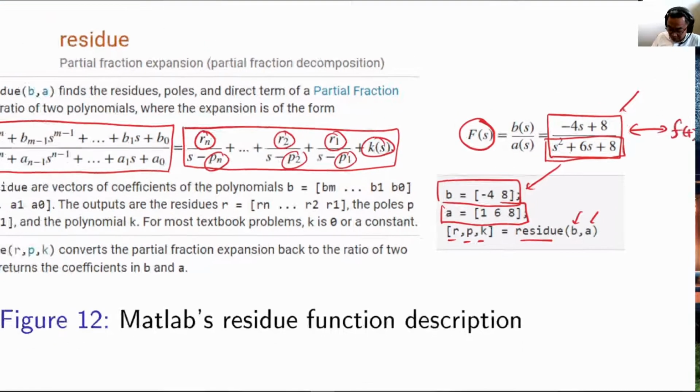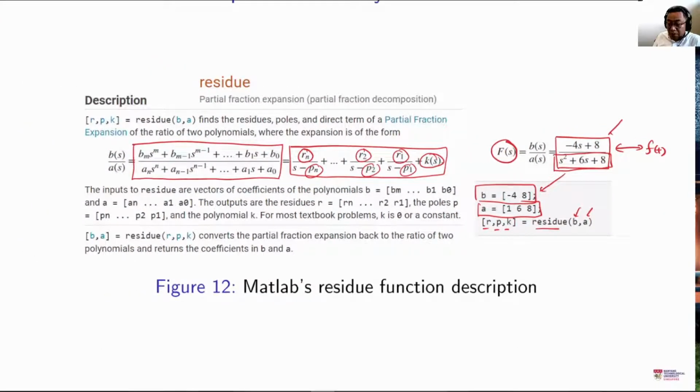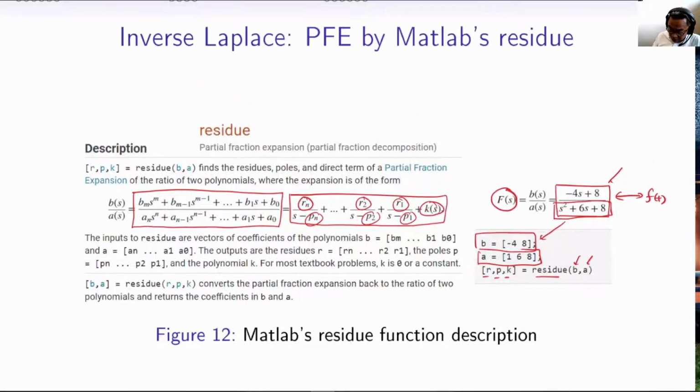That's all. So what we are trying to tell you is that there are functions in MATLAB that can help you solve this kind of problem. However, of course, in the exams, you're expected to do partial fractions by hand. But what you need to do is to use the residue function in the lab as well as your tutorial to verify your answers. Let's proceed to have some concrete examples.